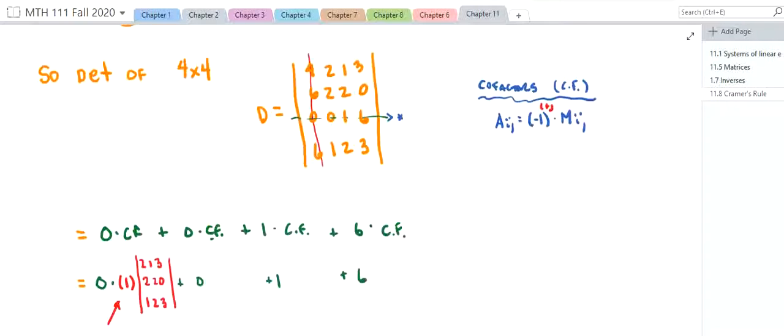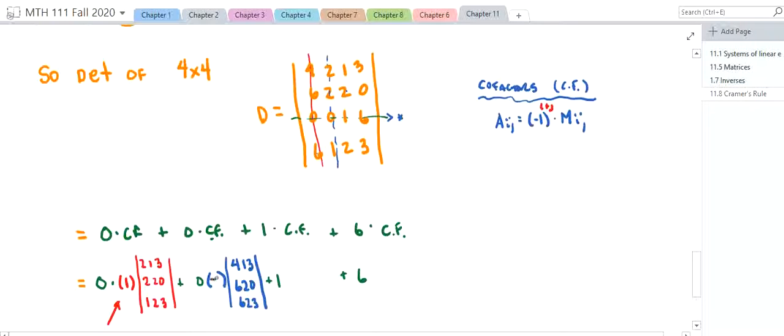All right. Next, we're still doing this row here, but now I've got to choose the next column to mark out. And now our minor matrix is 4, 1, 3, 6, 2, 0, and then 6, 2, 3.